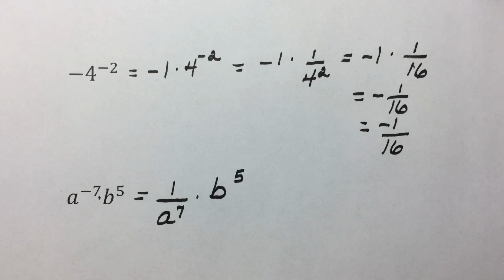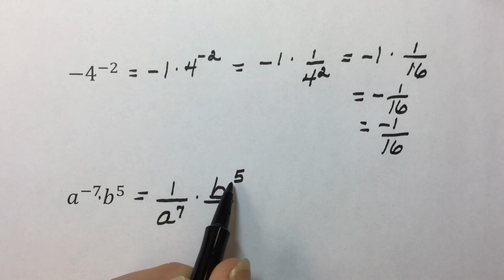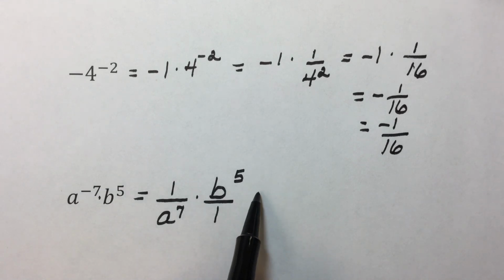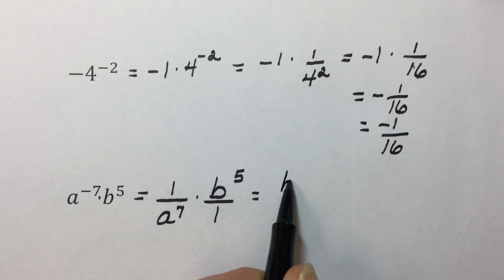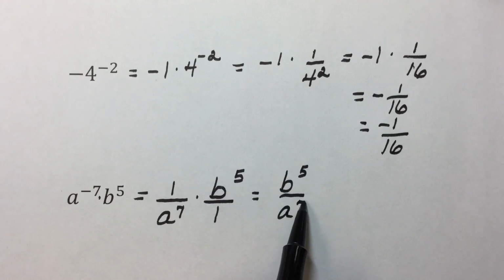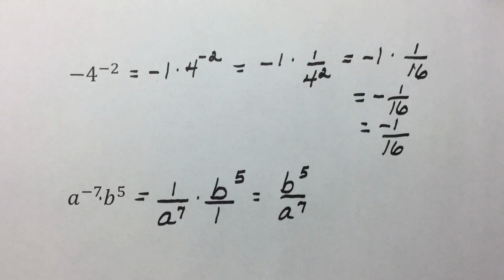We've eliminated the negative exponents, but to simplify this, we'll multiply these two quantities together. Since it's understood that this variable has a denominator of 1, we can express it as a fraction, and then multiplying fractions together, we multiply numerators and we multiply denominators for the simplified equivalent expression to the given monomial that originally had a negative exponent in it.